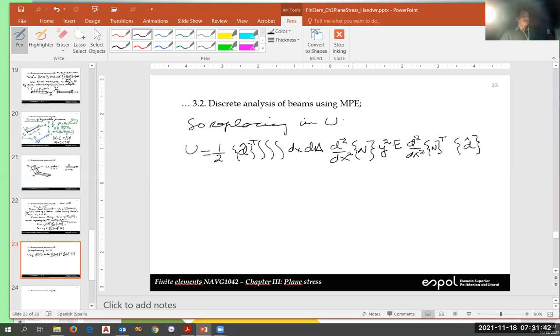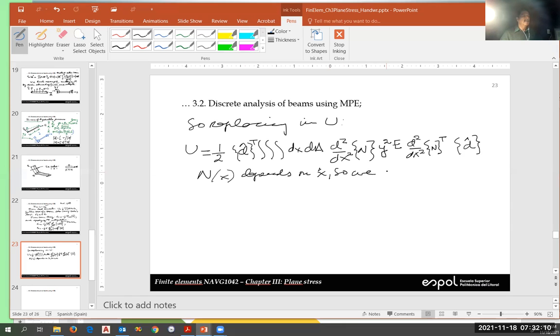This term here depends on x. This term here depends on x. This y goes with this y. So what we can do is separate a little bit according to the dependence. Let's say that N depends on x.